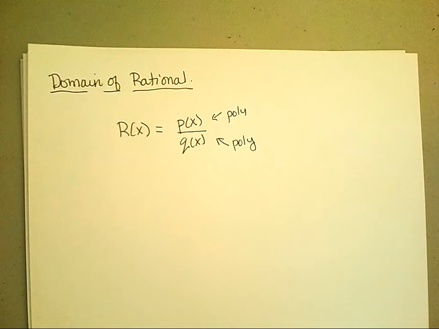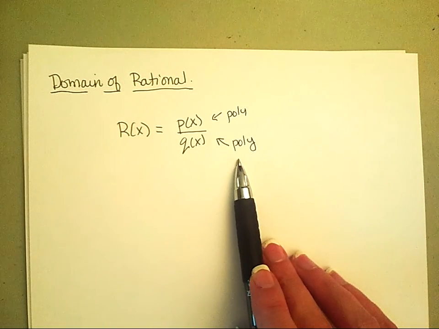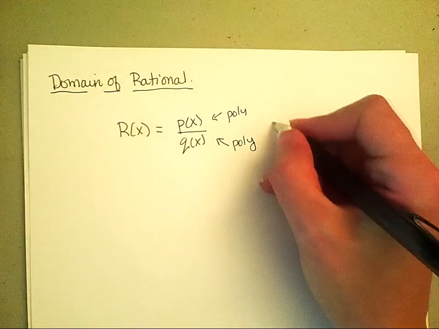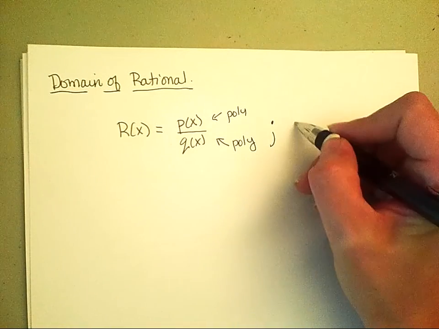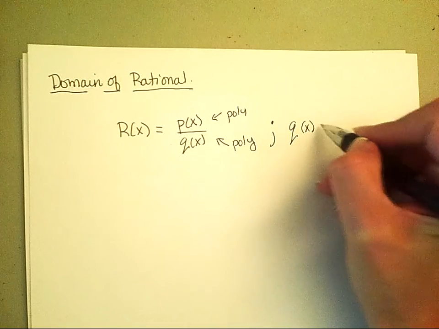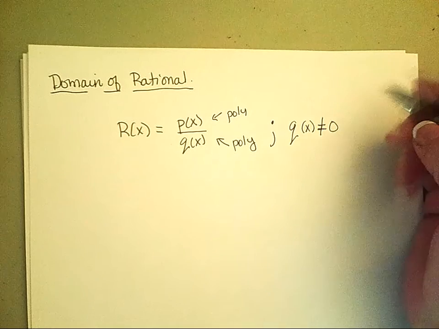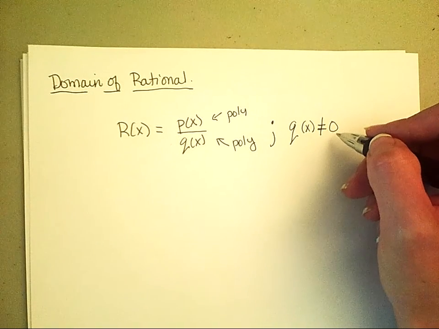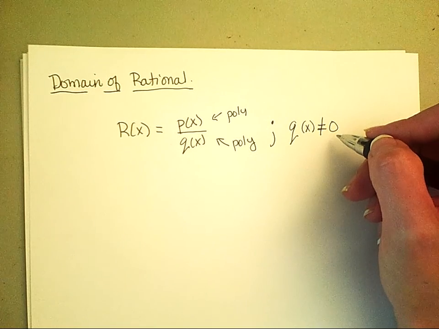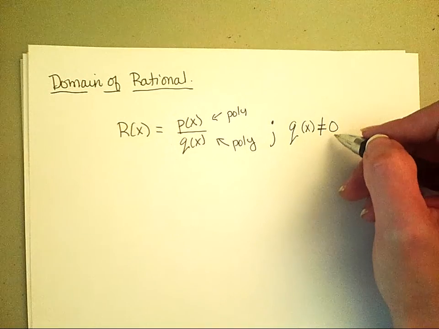So we'd like to say that since it's just a polynomial over a polynomial, it could be all real numbers. The problem is, remember, with a rational function, we can't have a division by 0, so whatever that denominator polynomial is, it cannot equal 0. And this is where we're going to find out values that we need to exclude from the domain, because they will not be allowed in the domain.